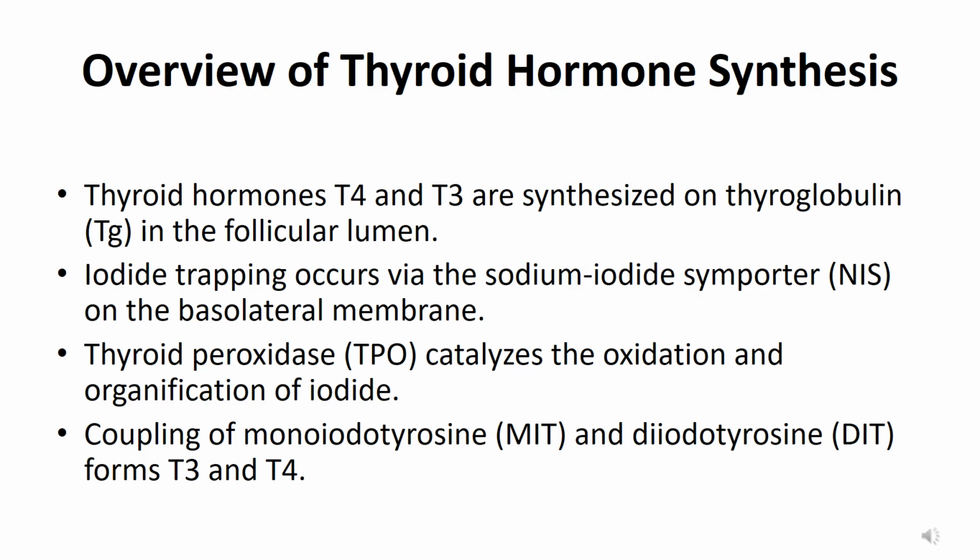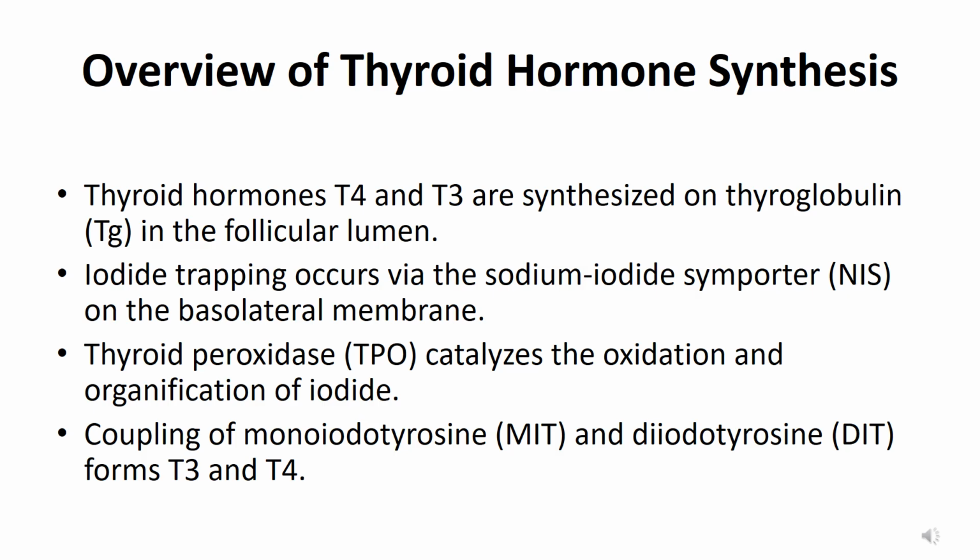Thyroid peroxidase links different iodotyrosine molecules together while they remain attached to thyroglobulin. Coupling of one monoiodotyrosine and one diiodotyrosine produces T3. Coupling of two diiodotyrosine molecules produces T4. These hormones remain stored within thyroglobulin in the colloid until the body needs them.